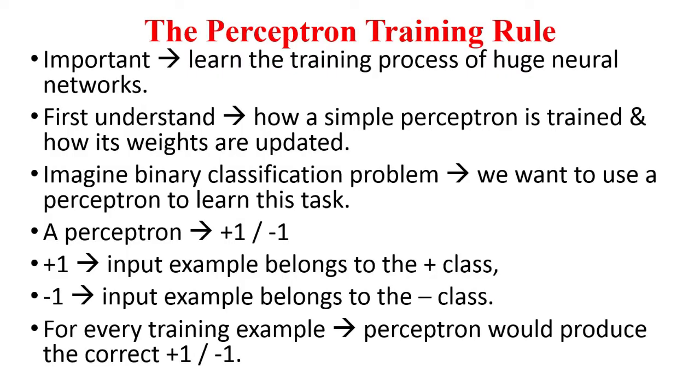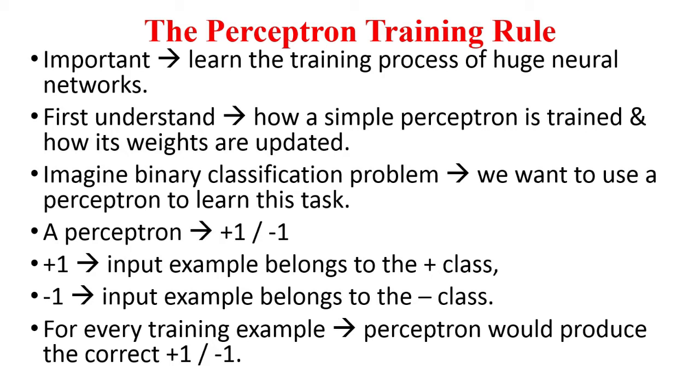The Perceptron training rule. It is important to learn the training process of huge neural networks. However, we need to simplify this by first understanding how a simple perceptron is trained and how its weights are updated.